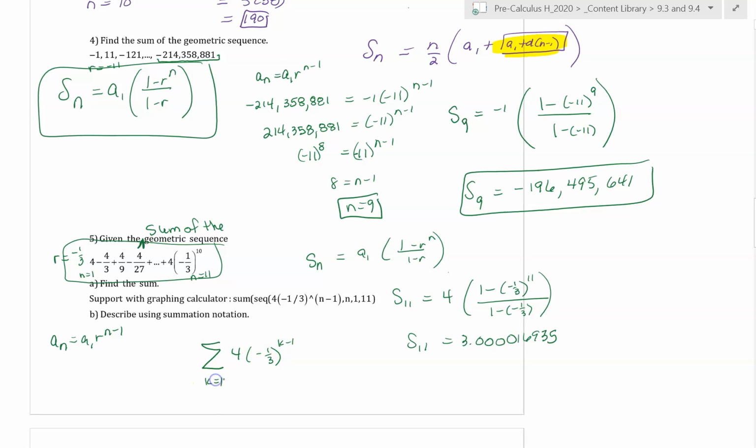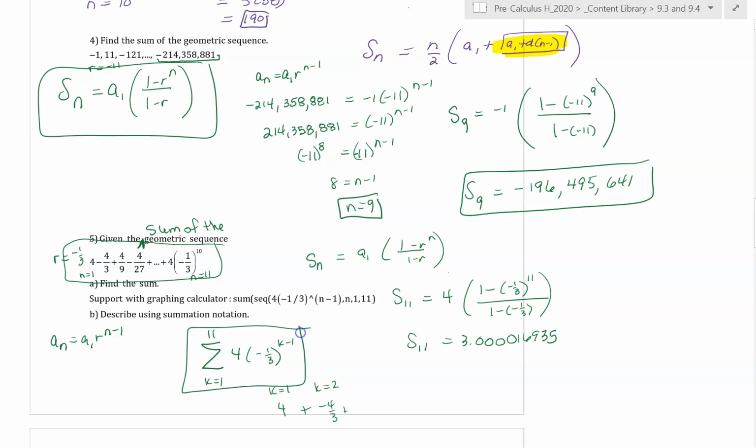And we'll start with k equals 1 and we'll end with 11. So now this is what I think is going to work. So what I'm going to do is just check it out. If I let k equal 1, I end up with 1 minus 1, which is 0, so 4. If I let k equal 2, I end up with negative 4/3. And again, just keep checking and you'll realize that if you check with your sequence, yes, that works. That's the sum of the geometric sequence.